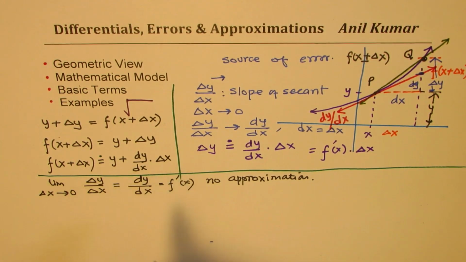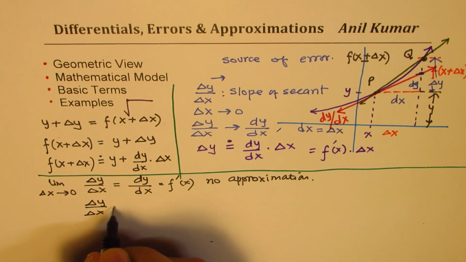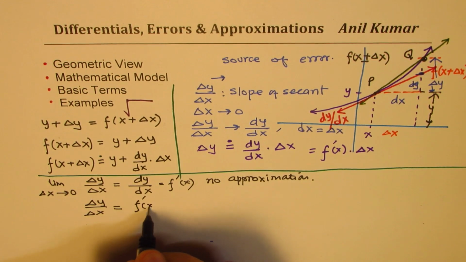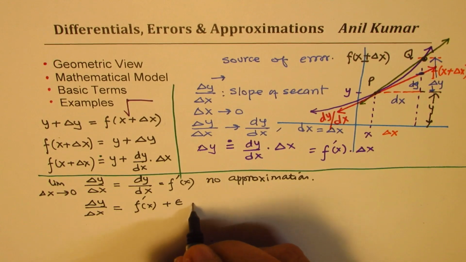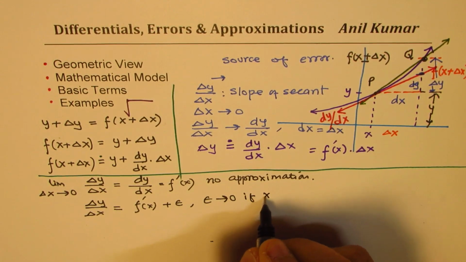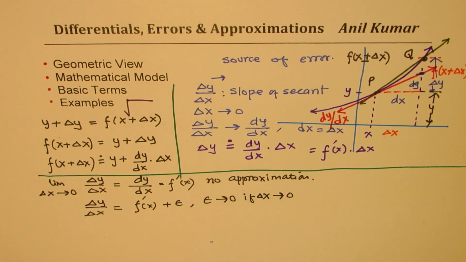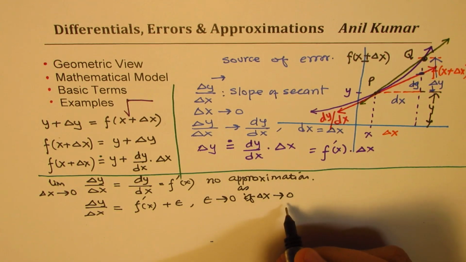But when we use, well, actually delta x cannot be exactly 0. It is very close to 0, right? Therefore, we could also write this as delta y over delta x is basically equal to this derivative plus some error, e. So this error e approaches 0 when delta x approaches 0, right?